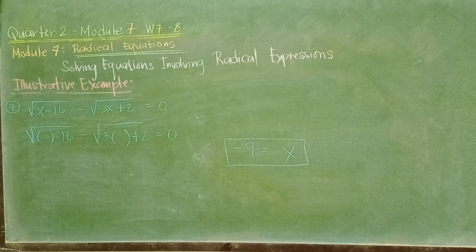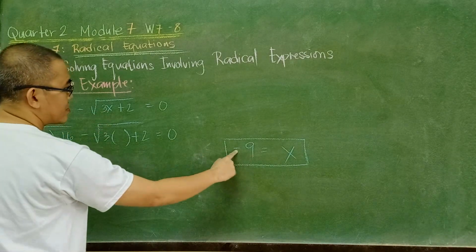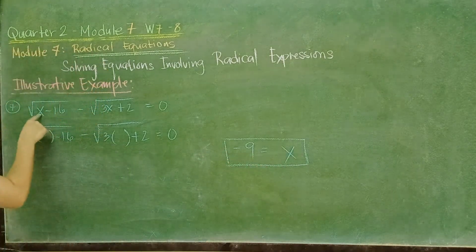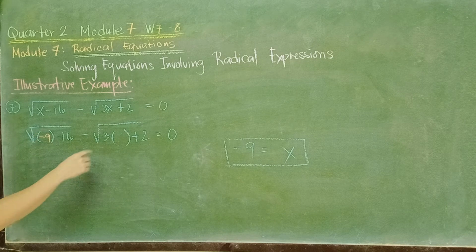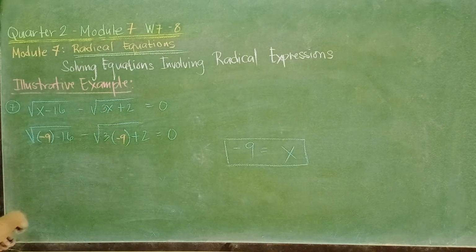So, i-check natin if yung negative 9 is equal to x is correct. So, yung negative 9, isa-substitute natin sa mga bawat values ng x. So, yung x na to, papalitan natin ng negative 9 since negative 9 is equal to x. So, yung x na yan, papalitan ko ng negative 9.